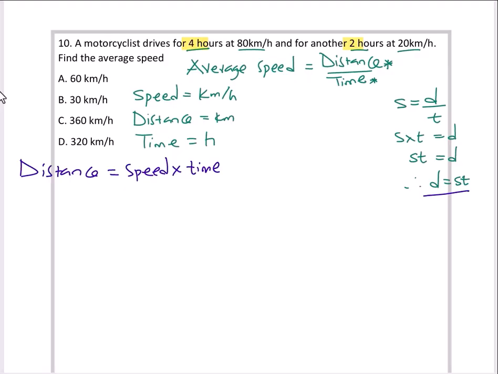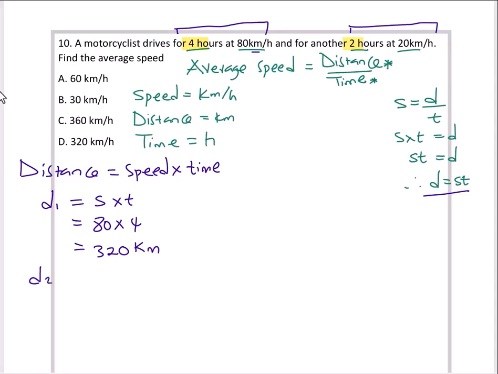Now we are given two things. The first time the motorcyclist drove, and the second time the person drove. So the first time he drove, let's call it d1. So d1 is equal to speed times time. The speed here was 80, so 80 times the time, which is 4 hours. 8 times 4 is 32, so just add 0, and the unit is kilometer.